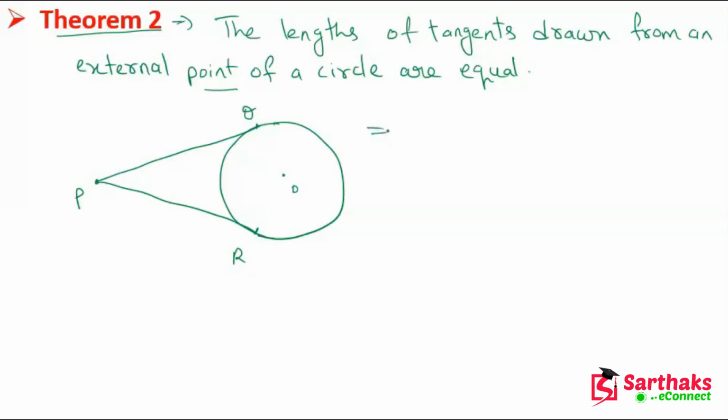According to this theorem, PQ is equal to PR. PQ is always equal to PR. These two tangents are always equal.